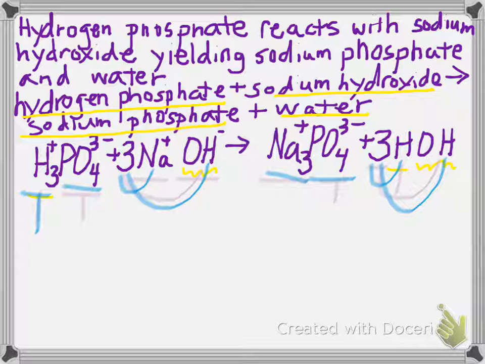This is now a balanced chemical equation. So that's a little trick to use if you have a hydroxide as a reactant and a water as a product. You may find it's easier to balance the equation if you write water as HOH.